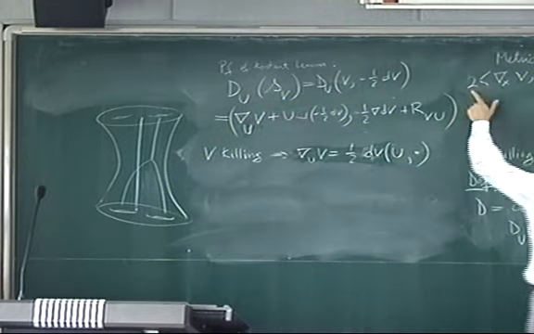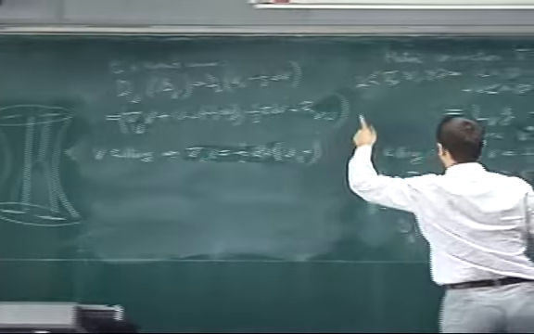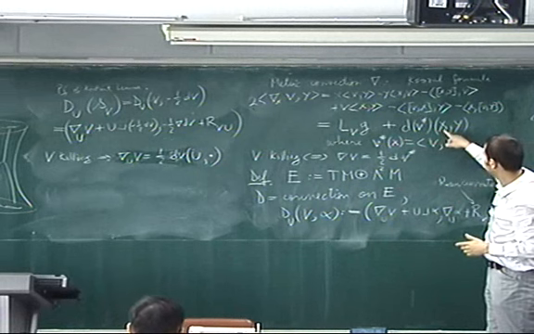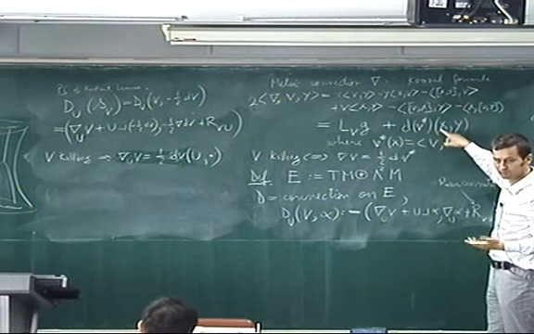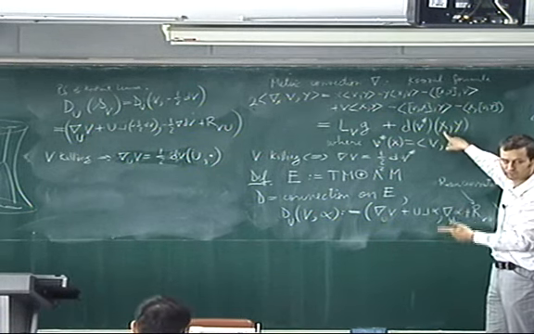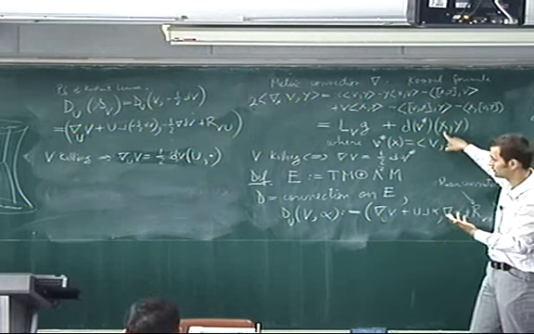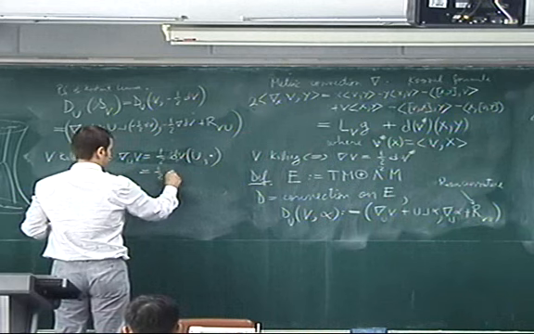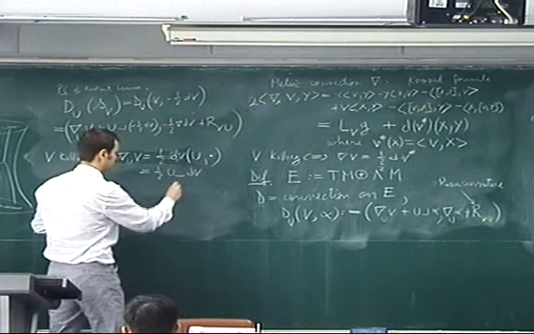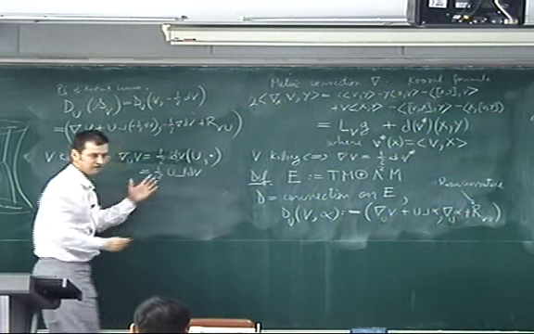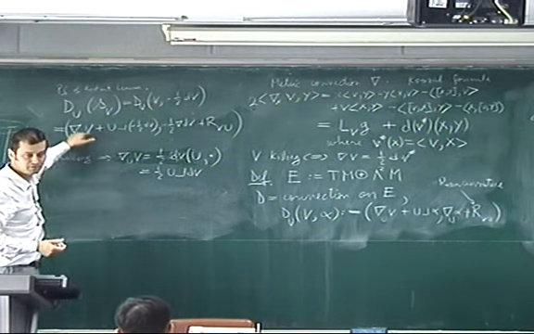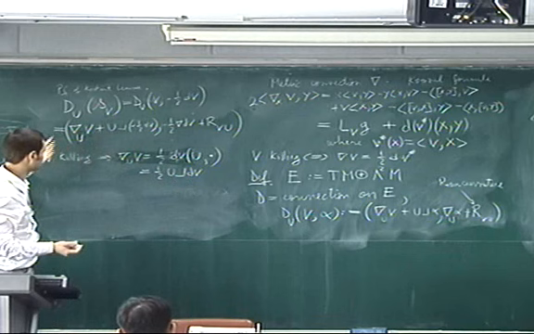I'm looking at this formula. The 2 gives rise to the 1/2. This one is 0 for a Killing vector field. And I'm left with the contraction of this form by the vector in which direction I'm differentiating. By definition, this is 1/2 u contracted with dV. That's what the contraction means. Good, so we see that the first term cancels.